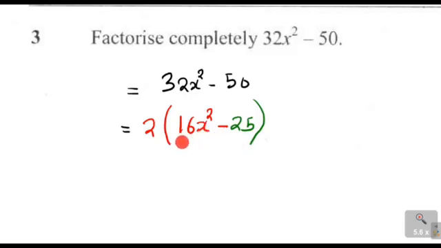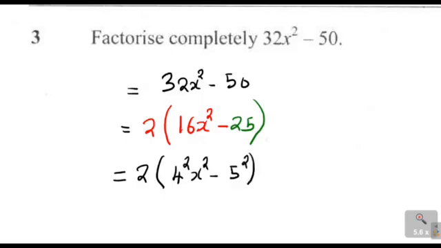So you can see 16 is a perfect square number. 25 is also a perfect square number. So this x is already squared and there is a minus here. So let us try to square these perfect square numbers so that we come up with a difference of 2 squares. So we are going to have 2 open bracket. So this will be 4 to the power 2 x to the power 2 minus 5 to the power 2.